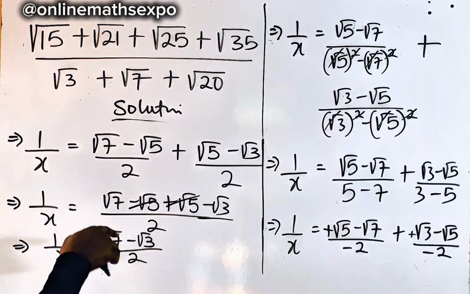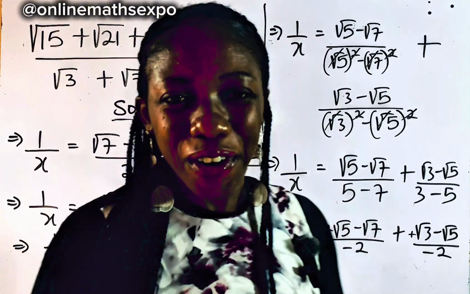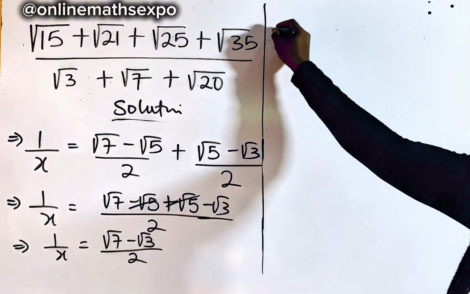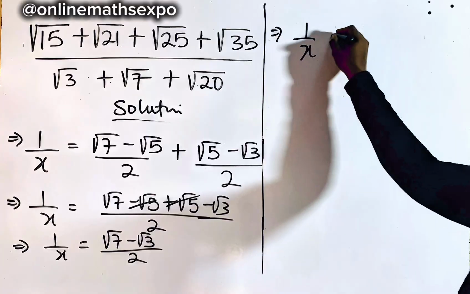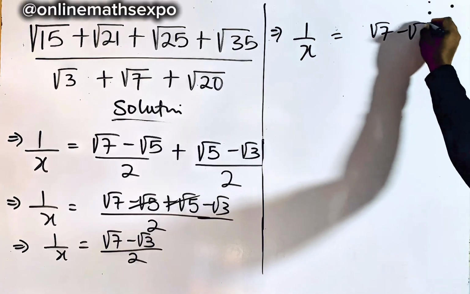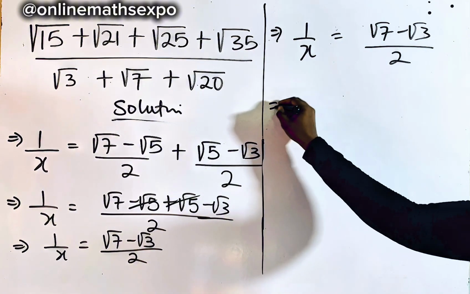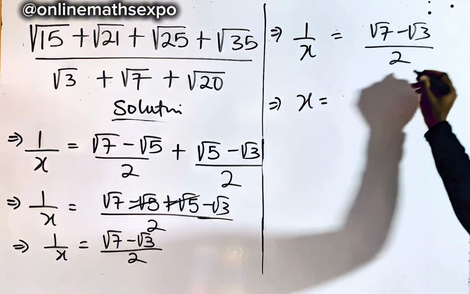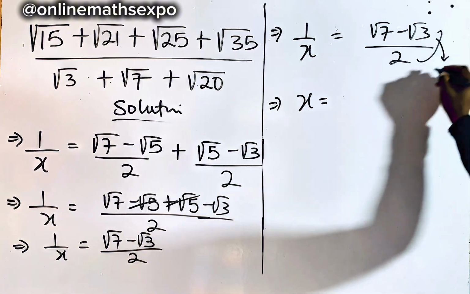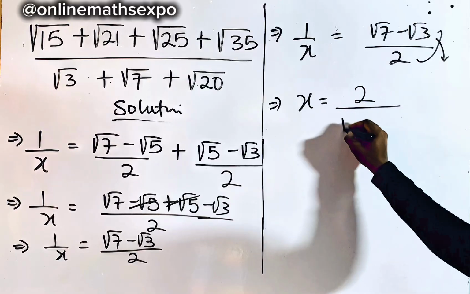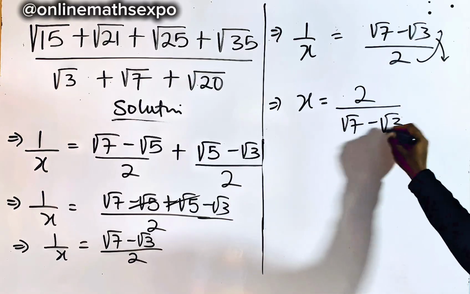So to do that, we need to reverse what we did before. So let's do that together. So we now have 1 over x is equal to root 7 minus root 3 divided by 2. So to reverse this, we are going to now have x is equal to, this goes up and this comes down. So we have 2 divided by root 7 minus root 3.